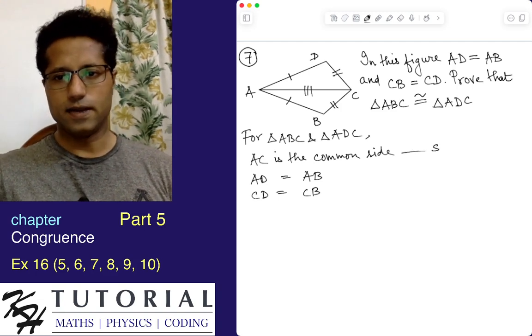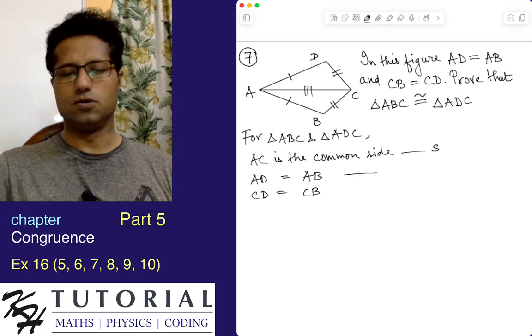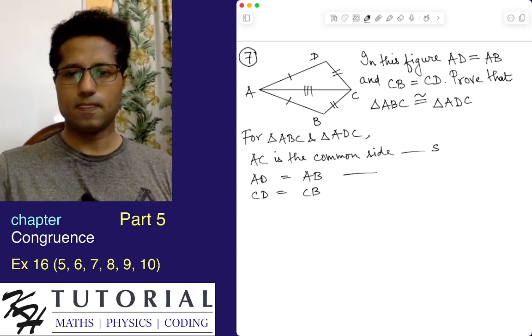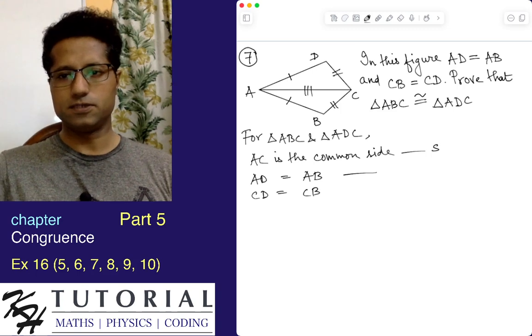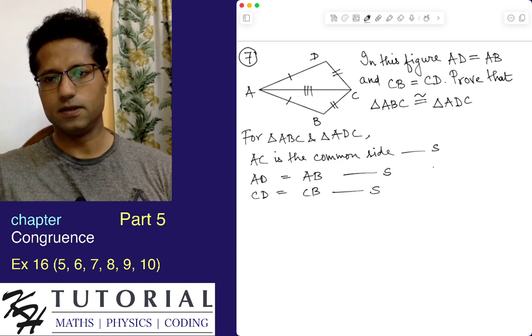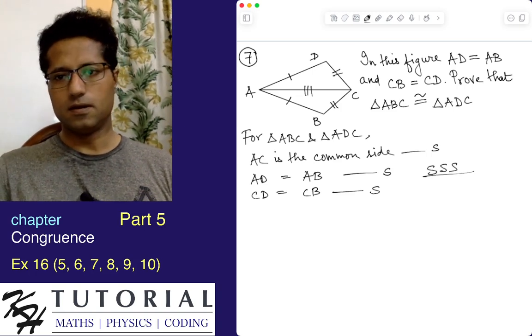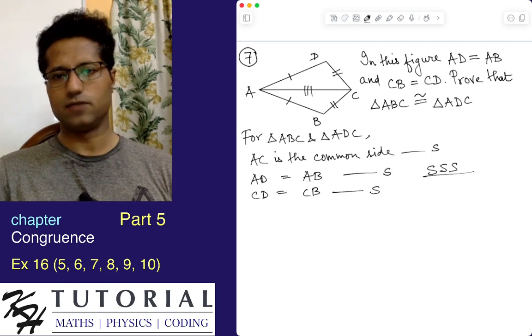So AC is the common side, the matching pair is a side. AD is equal to AB, this matching pair is also a side, and this is also a side. So clearly the SSS congruence property is applicable, and we can say that the two triangles ABC and ADC are congruent.